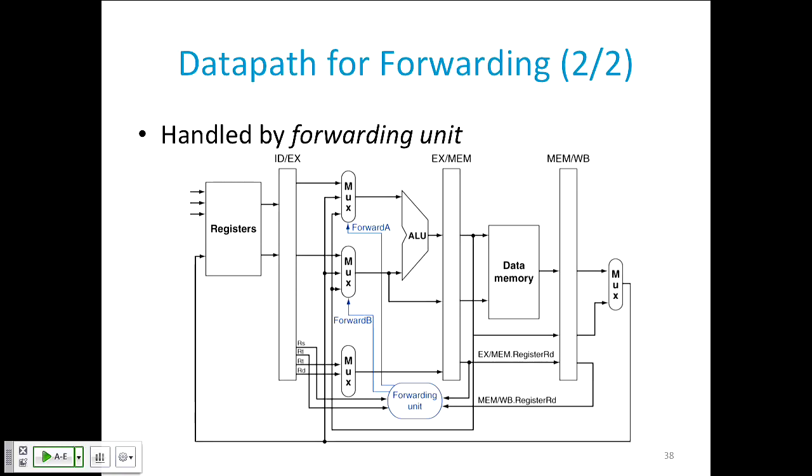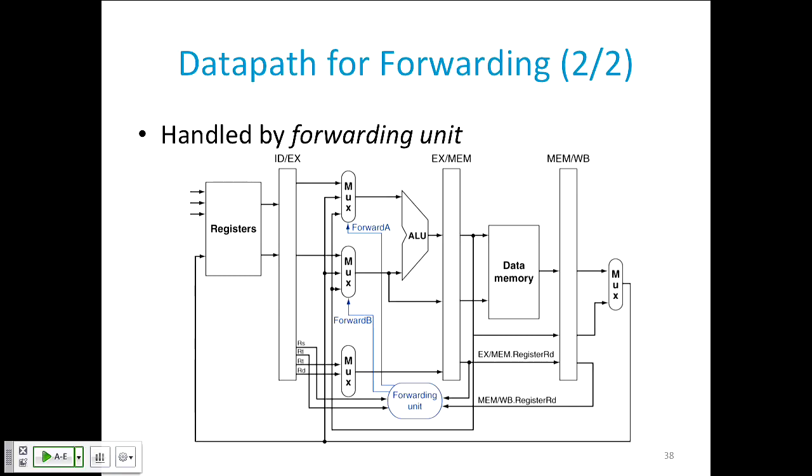At the same time, I check if there's a newer value in the pipeline for that same register, and if there is, I mux that one in instead of the old value I read from the register file. So that's what these muxes are doing: one path comes from the old value in the register file, but if there's a match, I read the new value and mux that in instead. So then I get the new updated value, the correct value to operate on.